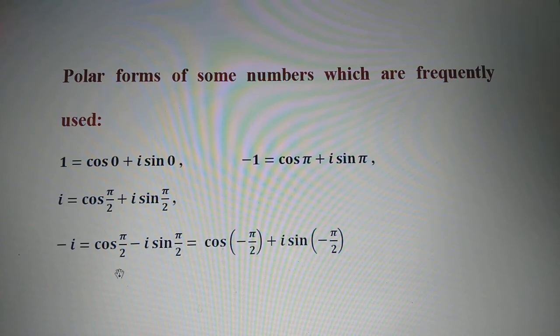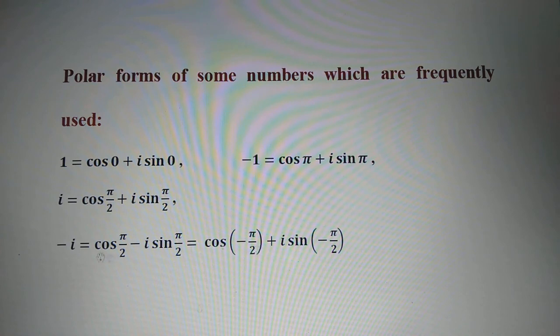So this is minus i. Now this cos pi by 2 can be written as cos minus pi by 2, because cos minus theta is the same as cos theta. And this minus sin theta, suppose this is theta, so minus sin theta is sin minus theta.